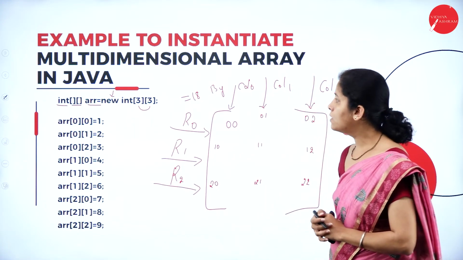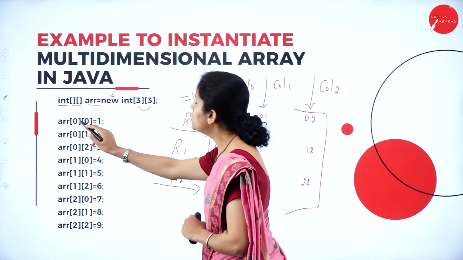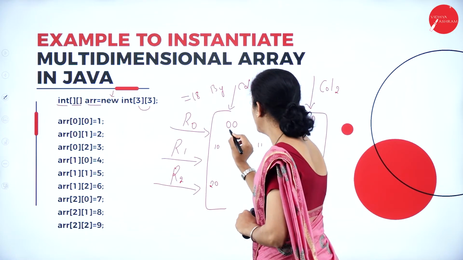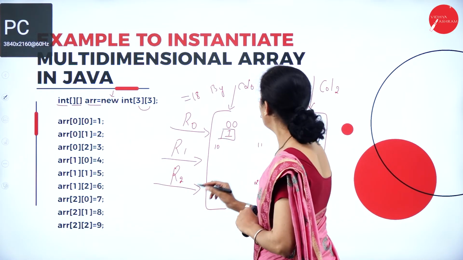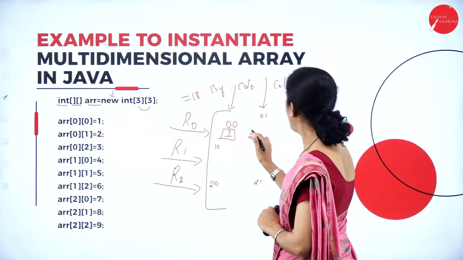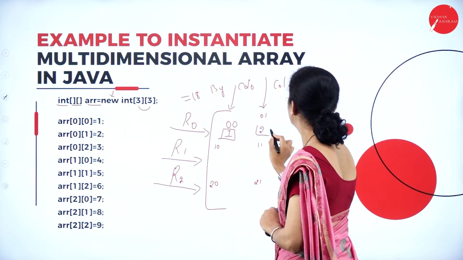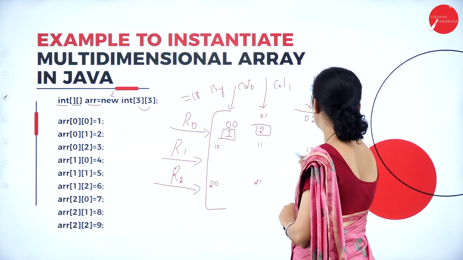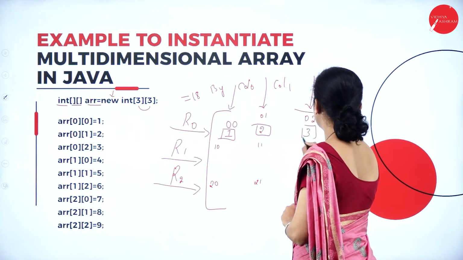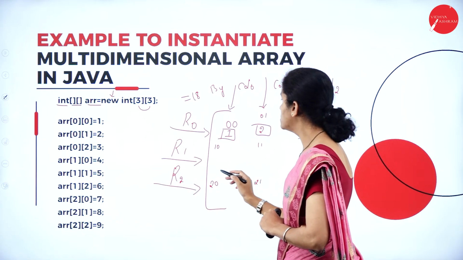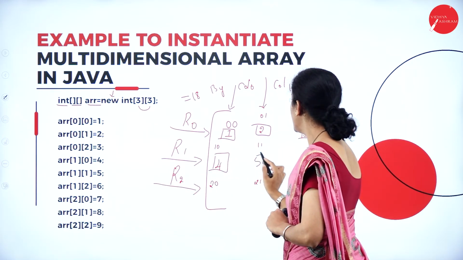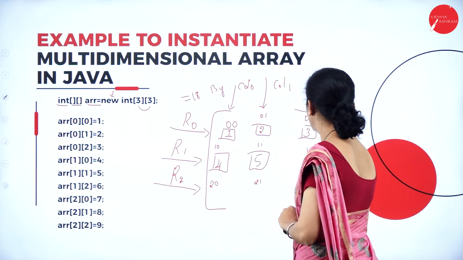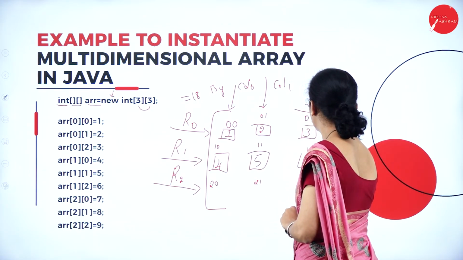Okay, fine. Now, see here, in the 0, 0th place, I'm going to place 1. Now, 0, 1, I have 2, and 0, 2, I have the element 3. Now 1, 0, 4, 1, 1, 5, 1, 2, it is 6.